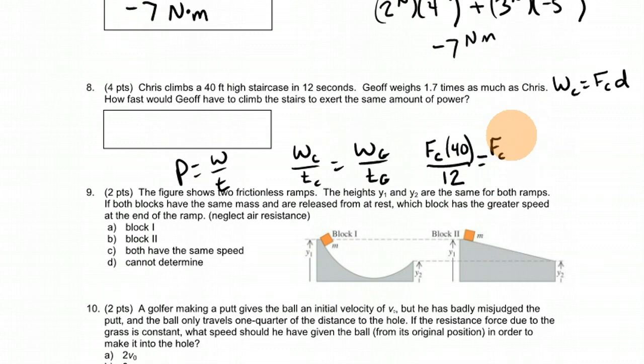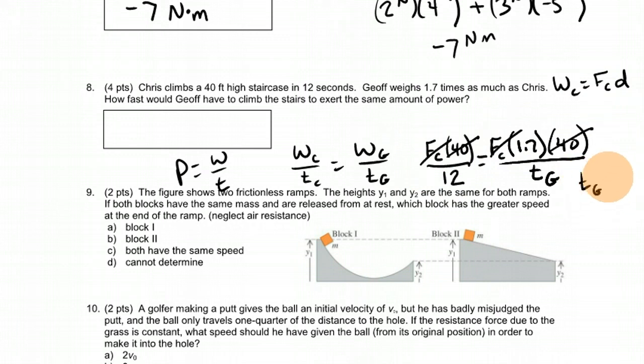Alright, so Jeff weighs 1.7 times as much. So that's what we're trying to get you to do, is put that relationship on. They're running up the same stairs, so the distance is the same, and this is the time for Jeff. So it boils down to the time for Jeff is just this ratio here. Okay, so the 40s cancel out and the FCs cancel out.